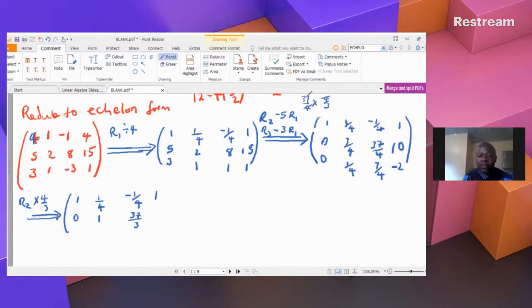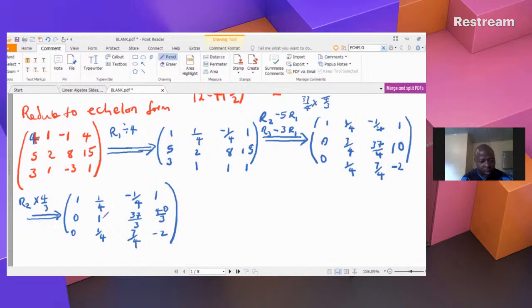So I'm left with that 7 out of 3. I'm also multiplying this one by 4 out of 3, and what I get is 40 out of 3. I've not touched row 3, so it remains where it is. 7 out of 4. And this is -2. I've created a leading one in row 2.